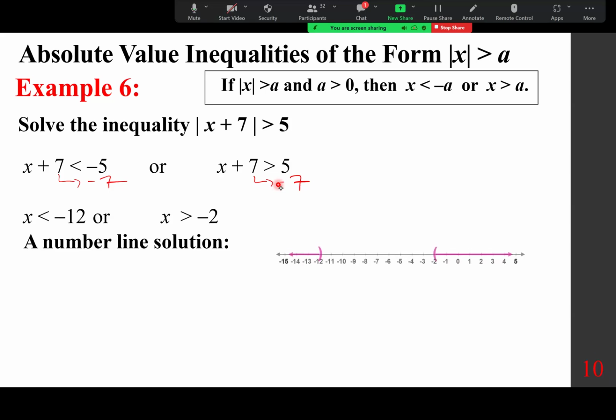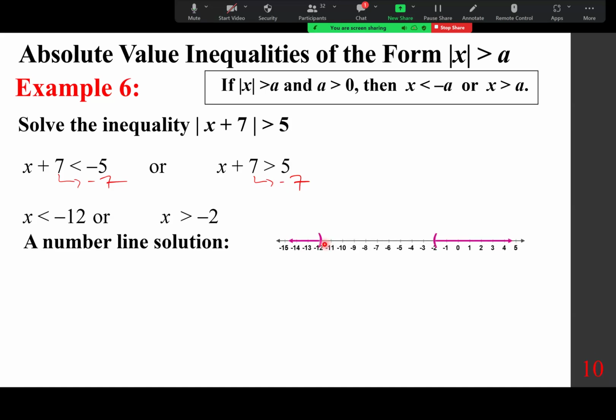On a number line, you locate negative 12 and you locate negative 2. You use either a hole or parentheses. To the left of negative 12, to the right of negative 2 is shaded, if you will, or highlighted.